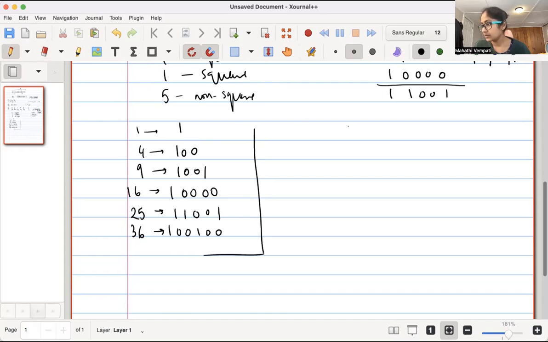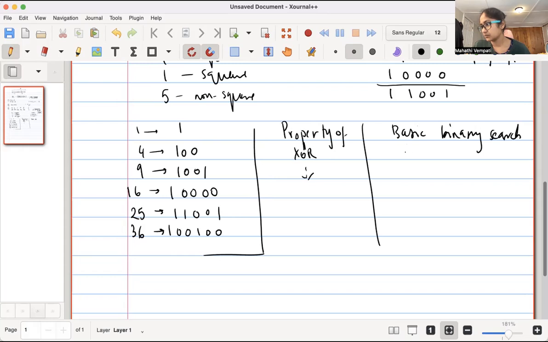So, okay, let's divide the ideas into two sets. Something that uses properties of XOR and so on, and something that uses some basic binary search, cumulative sum type thing. So something that doesn't specifically use a property of XOR. Okay, what are they asking exactly?